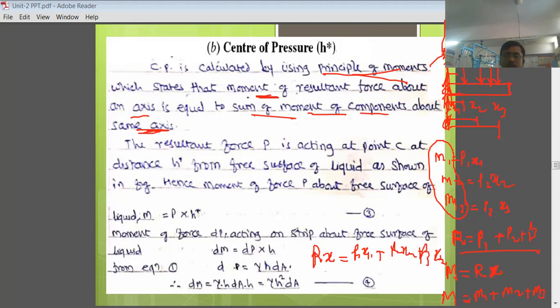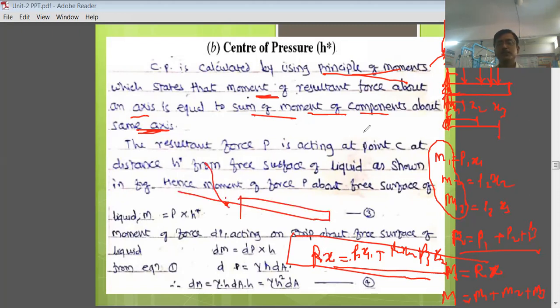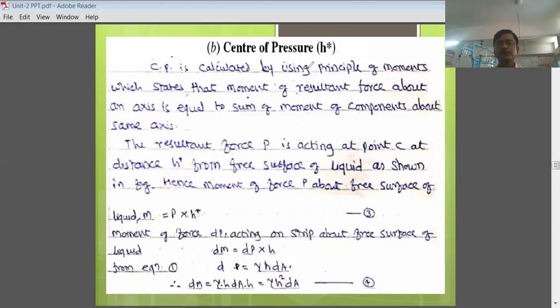Have you used this? Do you remember this principle of moment? I think you have used this to find out the position of a particular force, or the position of the resultant force at which this force is acts on that entire object in that system. Do you remember that?